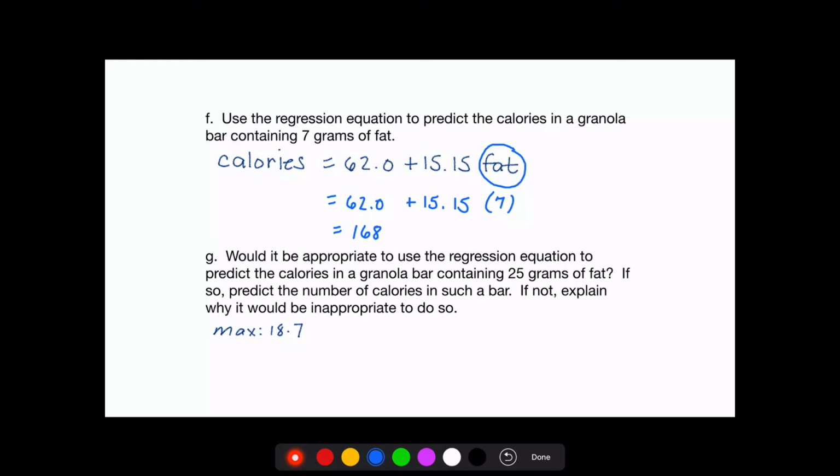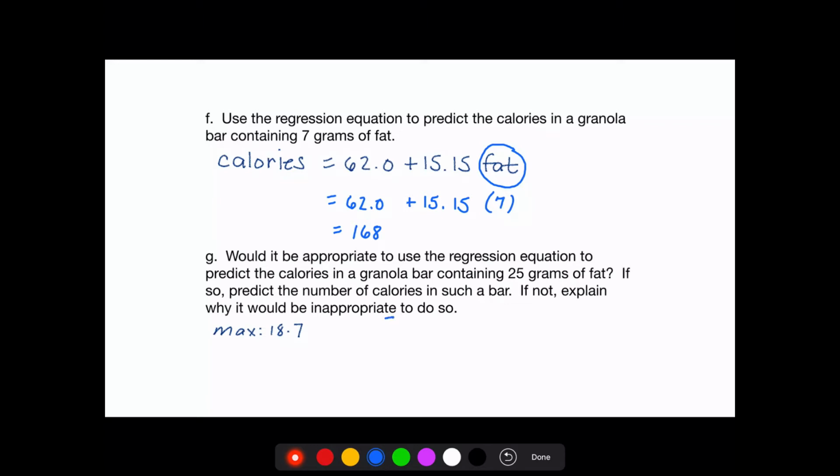Would it be appropriate to use the regression equation to predict the calories in a granola bar containing 25 grams of fat? If so, predict the number of calories in such a bar. If not, explain why it would be inappropriate to do so. When looking at our data, the maximum value was 18.7, and so 25 is outside the scope of our data.